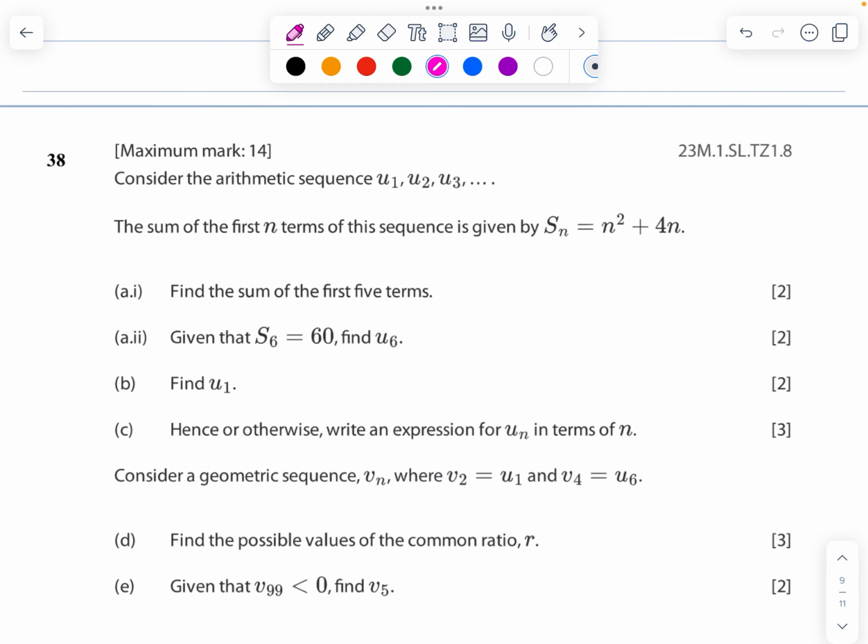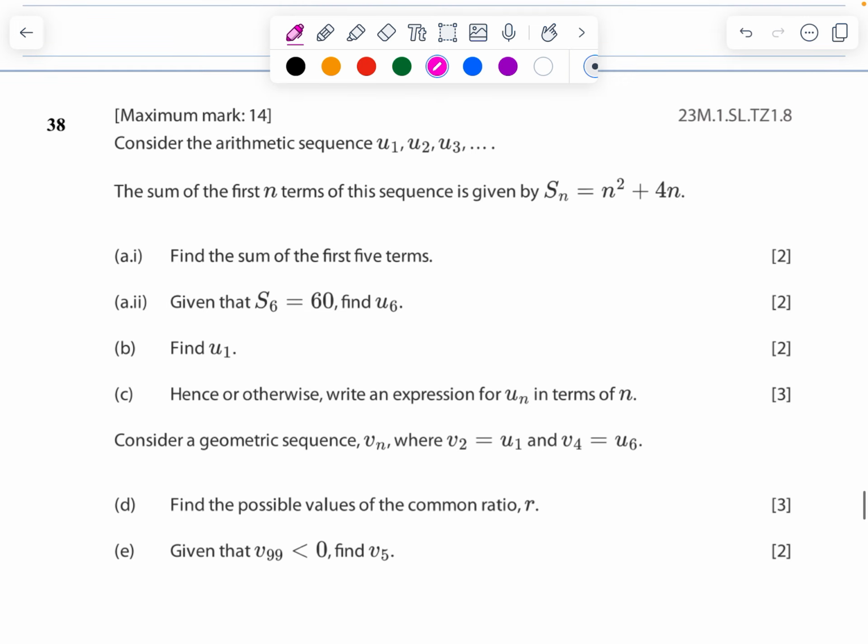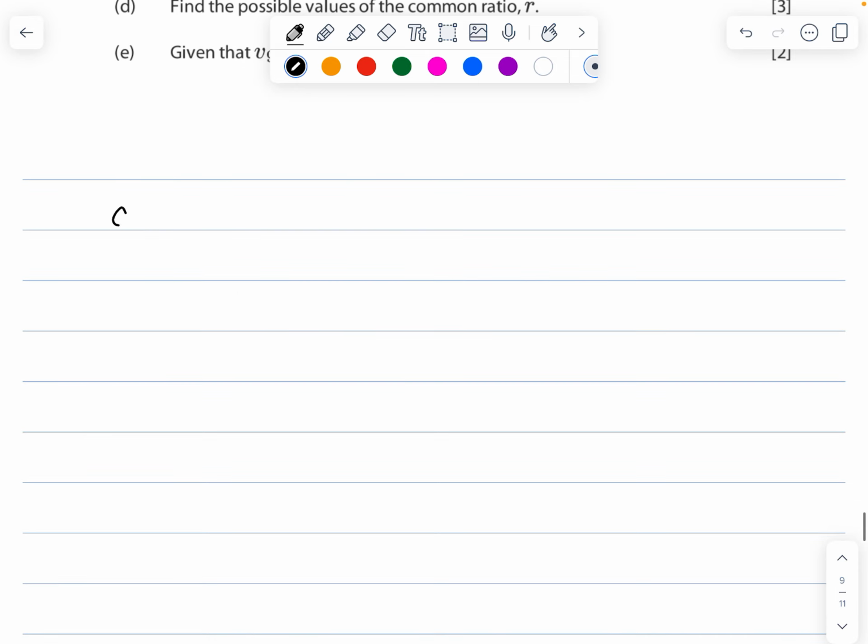Question number 38. Consider the arithmetic series u1, u2, u3. The sum of n terms of this sequence is given. Find the sum of 5 terms. For the sum of 5 terms, just plug in n equals 5. So we get S5 equals 45. So method mark and an accuracy mark. Then part B, given that S6 equals 60, find U6.